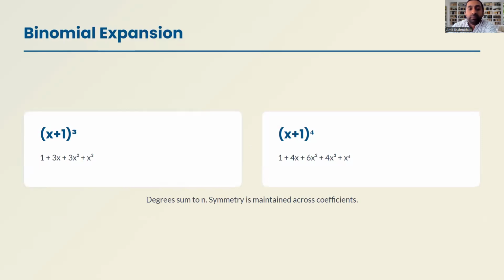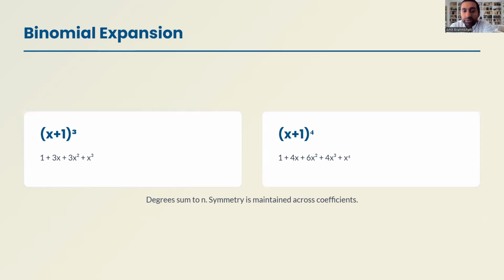Binomial expansion is where Pascal's triangle meets high school algebra. When we expand the expression x plus y raised to the n, the coefficients of the terms match the entries of row n of the triangle. For instance, expanding x plus 1 cubed gives us coefficients of 1, 3, 3, and 1.